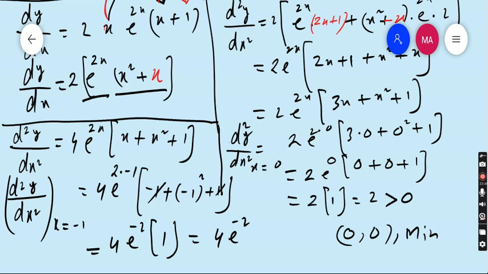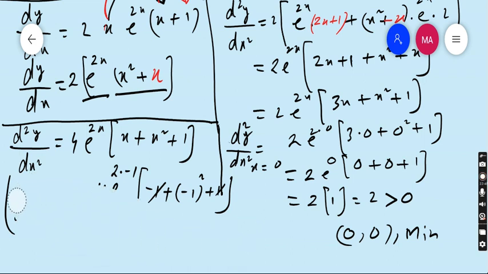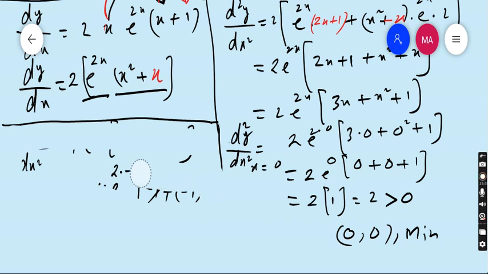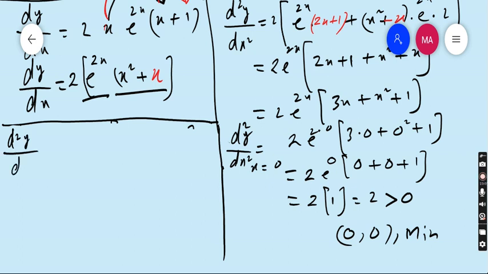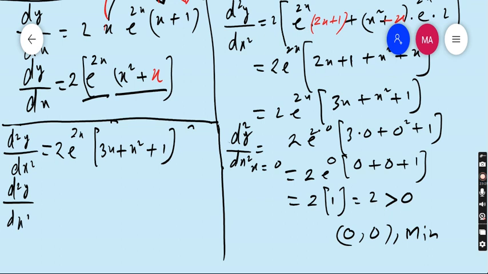Now we will check the second stationary point. Our second derivative is 2e^(2x) into (3x + x² + 1). Substitute the second stationary point, that is x = -1.